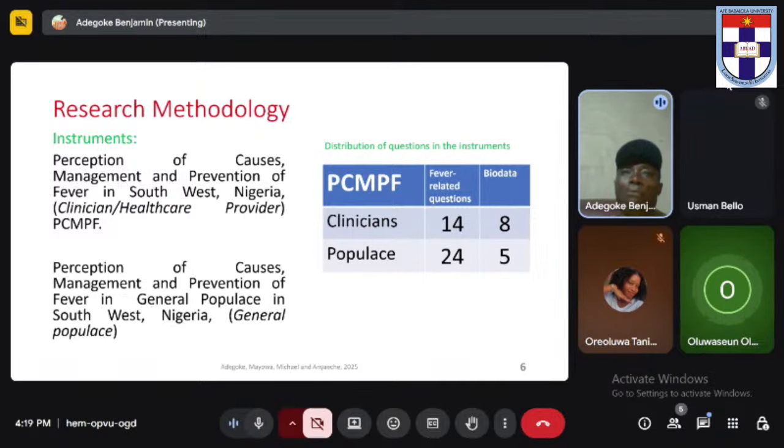Two sets of instruments were developed: one for the clinicians and the second one for the general populace.